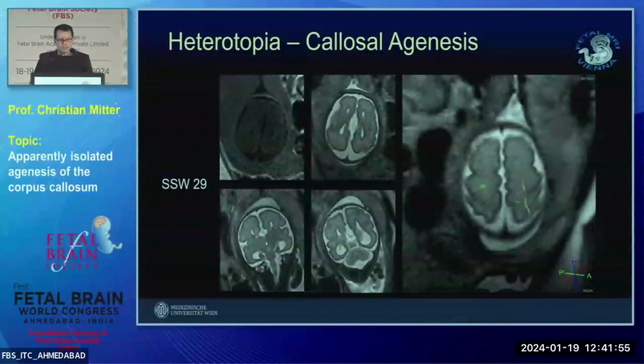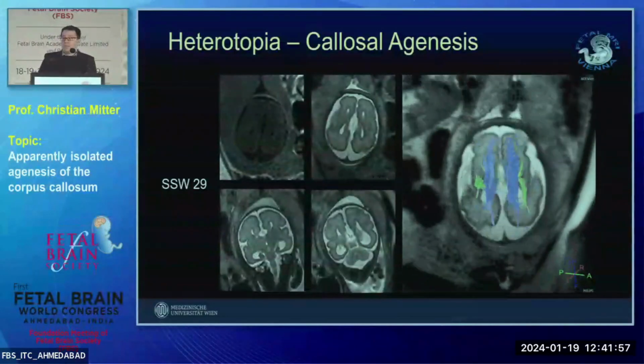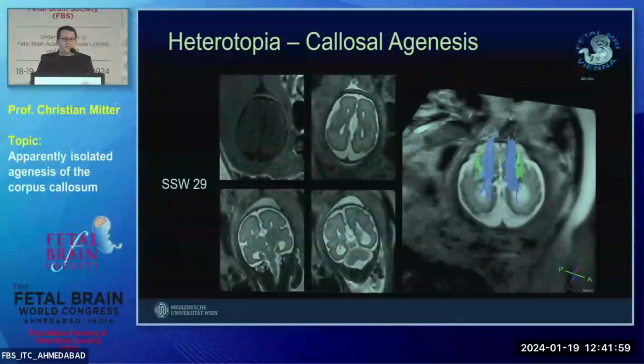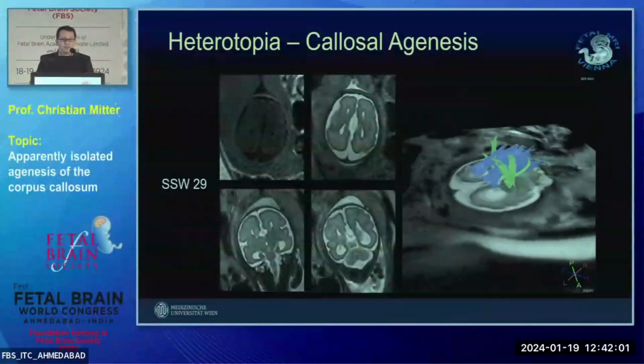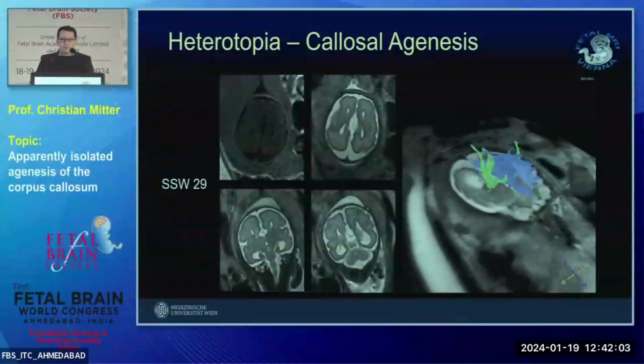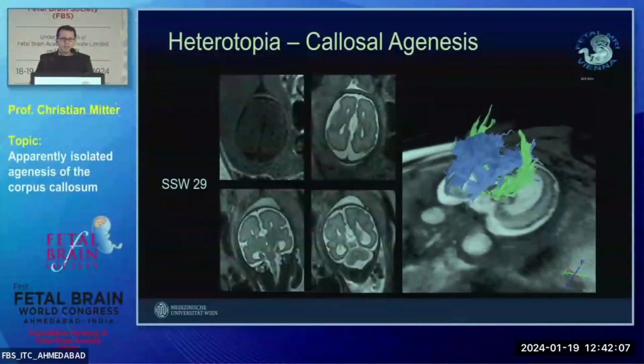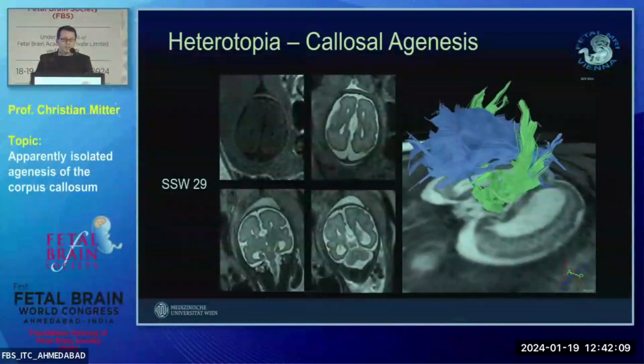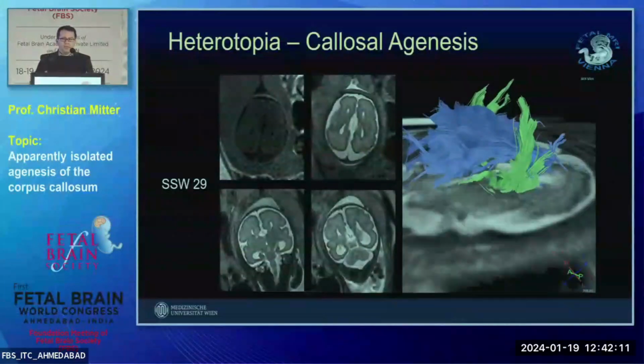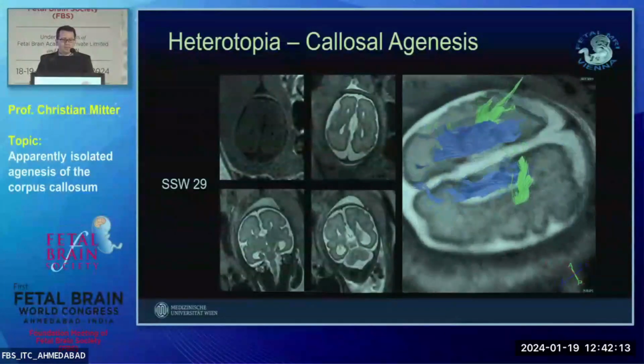Here you see a movie of the tractography finding in a 29 gestational week fetal brain. Here again in blue, the Probst bundles as these abnormal anterior-posterior directed fiber bundles medial to the lateral ventricle. And in green, you have as reference the internal capsule fibers.